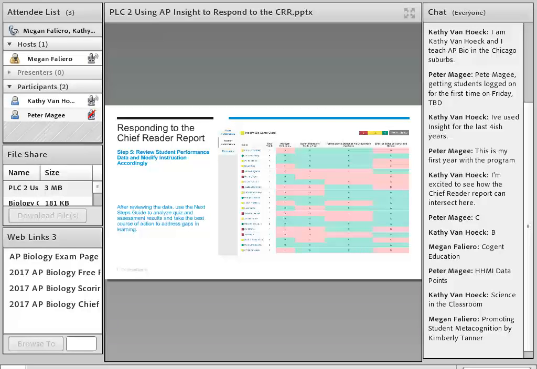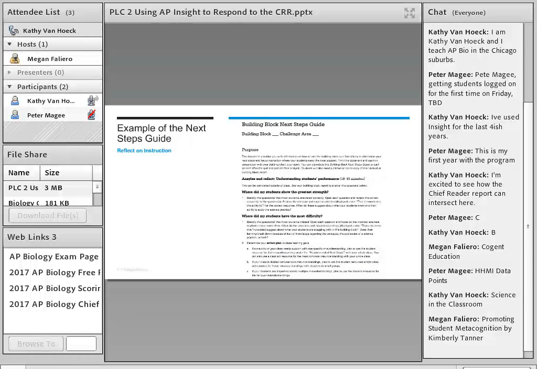So as the year progresses, they start looking at trends going, wow, I was really bad at energetics, but hey, look, I'm doing pretty good with genetics. They can go back and look at their building block quizzes and see those all year long. That's on their website when they log in to take their assessments online.